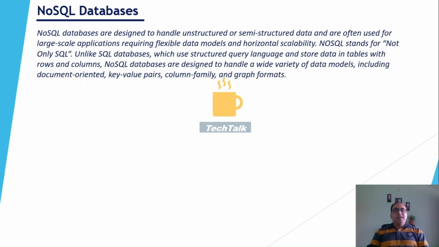Unstructured data is something which is not consistent in format. It does not have any predefined format. It can come in different flavors. It may be in the form of images or in the form of documents.